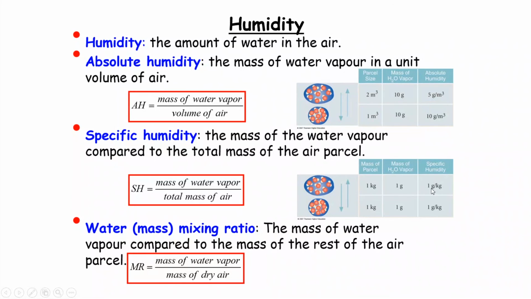Then the specific humidity is 1 gram per kg. Even if it is compressed, the mass of the air pocket doesn't change. Same mass of 1 kg, the mass of H2O vapor is 1 gram, and the specific humidity is 1 gram per kg. We are more interested in specific humidity because the volume of air always changes due to the surrounding pressure and temperature.